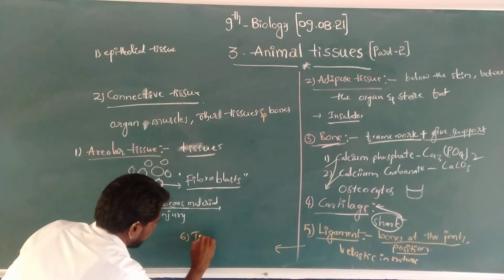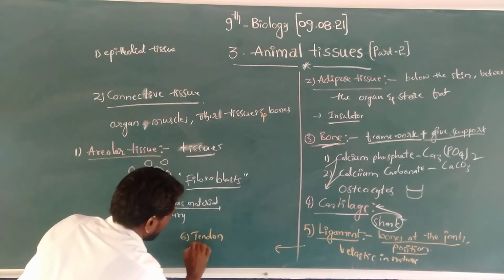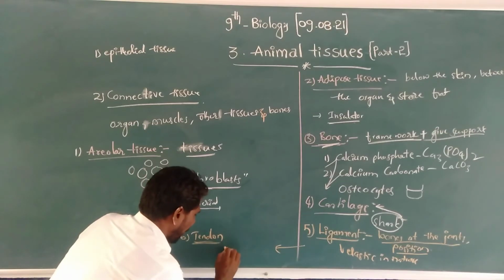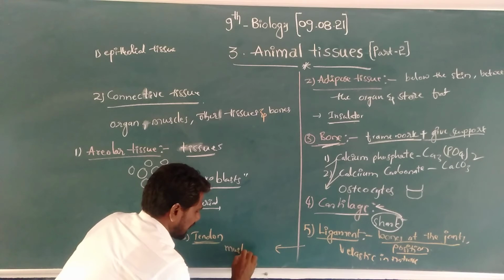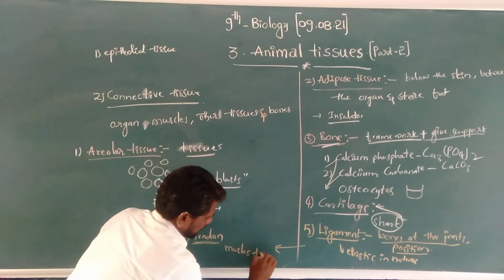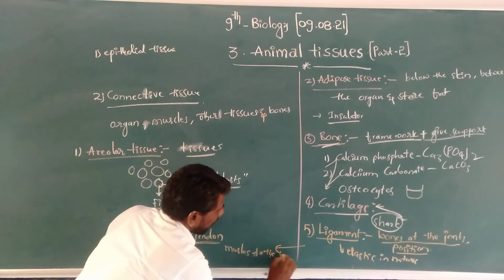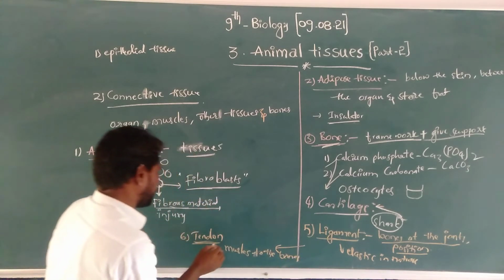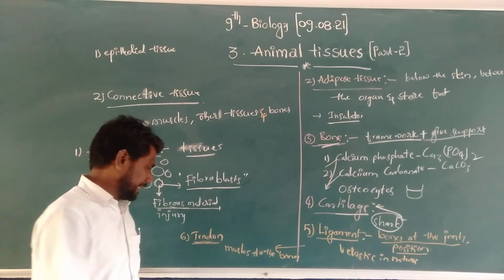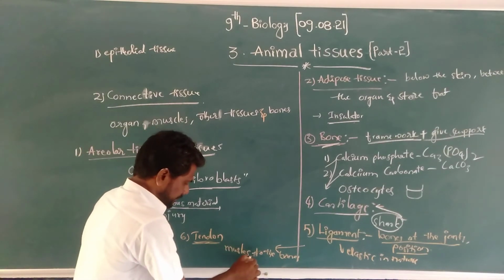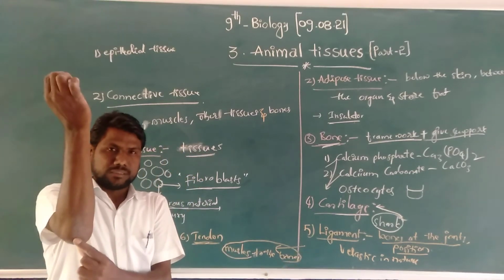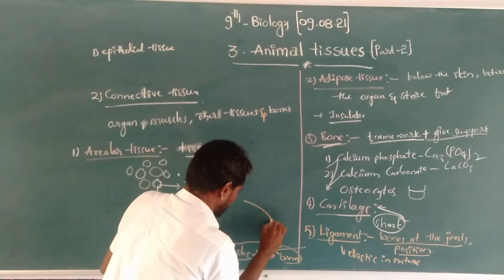Next, last one, sixth one, tendon. The connective tissue which connects muscles to the bones is called tendon. What is tendon? The connective tissue which joins muscles to the bones, like this.